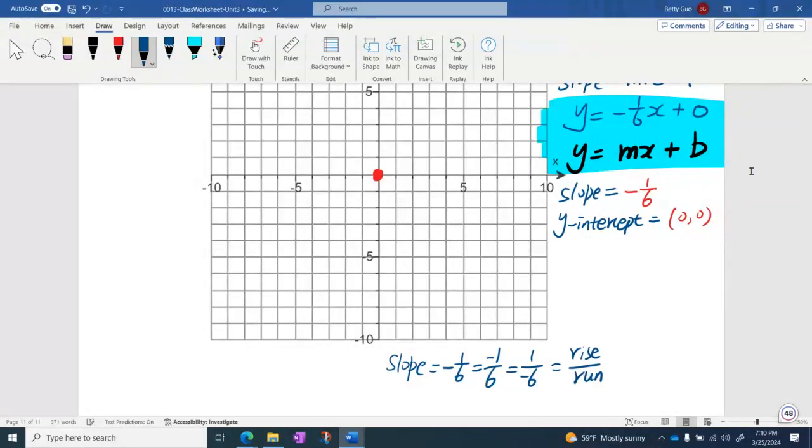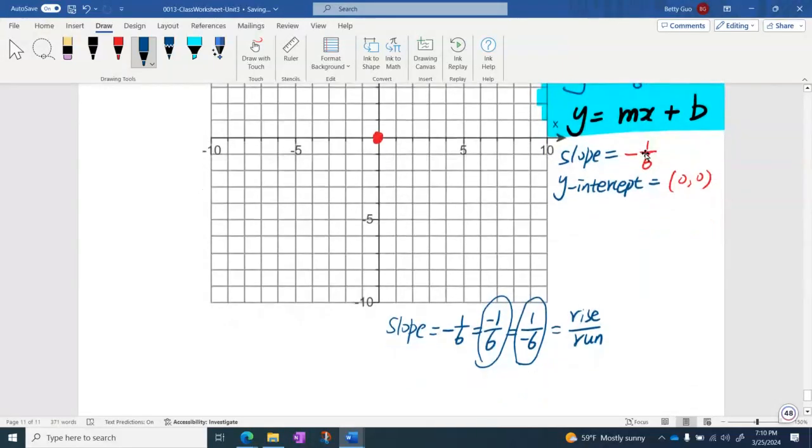I want you to pick either this one or this one. It really doesn't matter, by the way. I can pick for you. How about we pick this one: 1/-6 equals rise over run. And that gives us numerator rise is 1, run is -6.